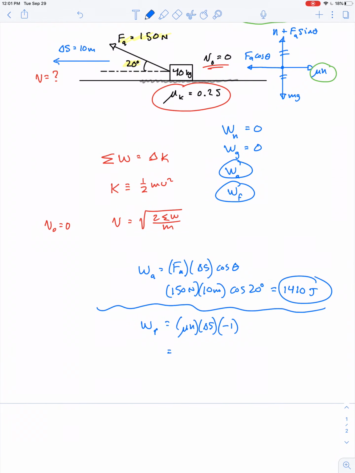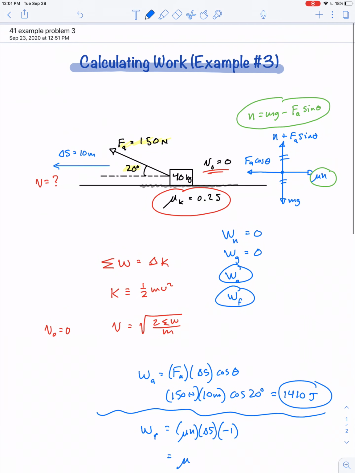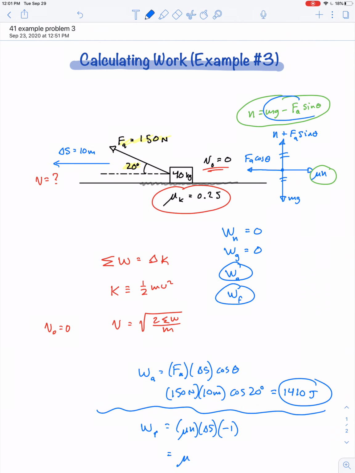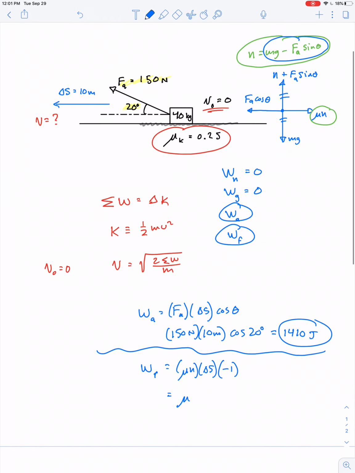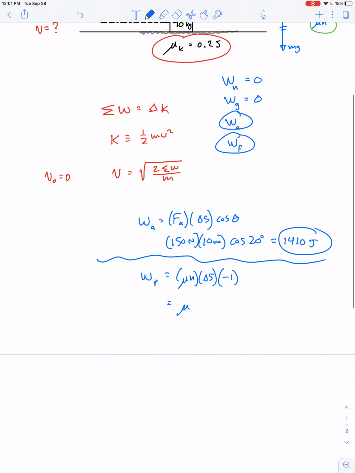So we have mu times mg minus Fa sine theta. All right. So that's the force, and then we need to multiply that times the displacement, and then all of that times -1.